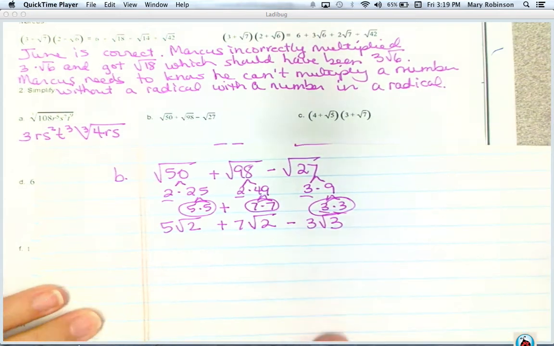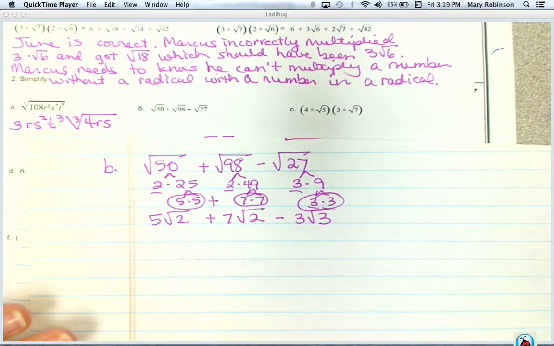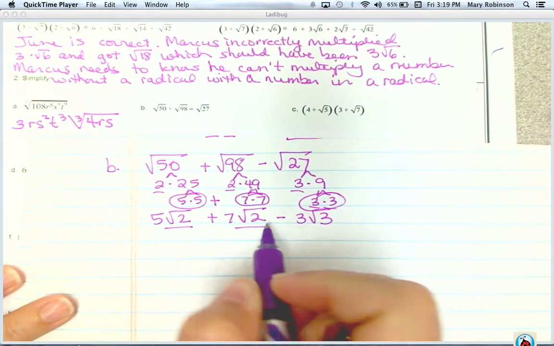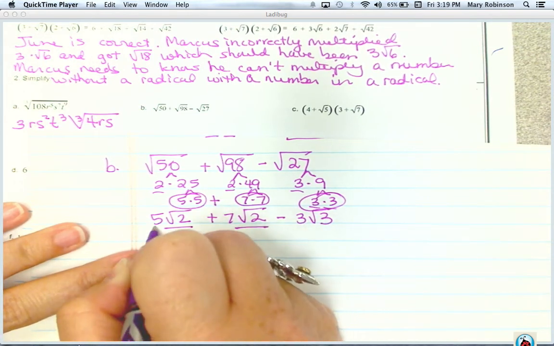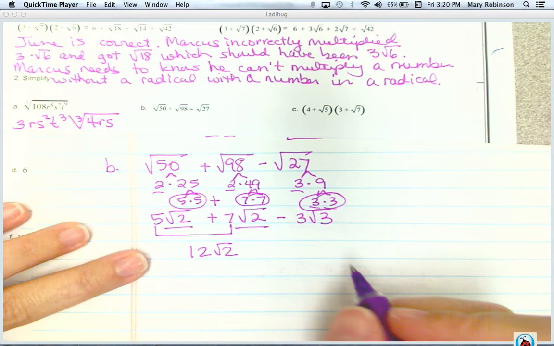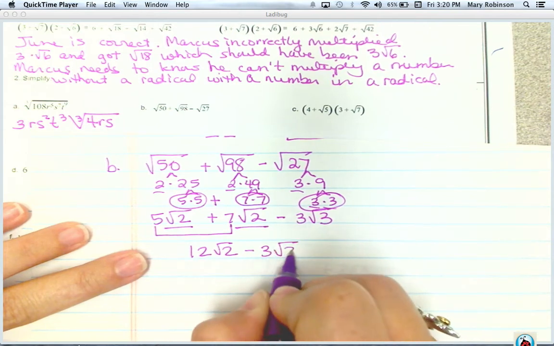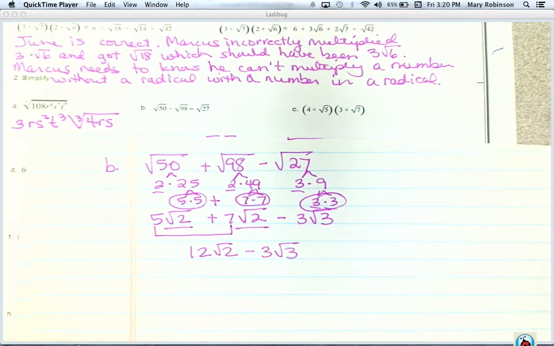So when we simplify each one of these, we end up getting two expressions that have the same radicand. So that will give us 12 square roots of 2 because I'm adding the 5 and the 7 minus 3 square roots of 3.